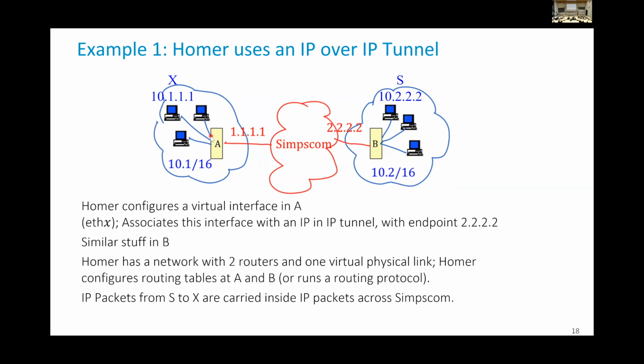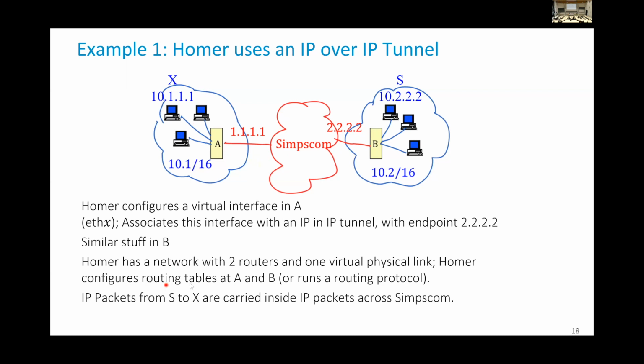So here we configure that the address 111.111 is connected by this configuration to that other address. And then any packet that goes from this to that, we can simply put it into an IP packet that goes from 111 to 222 over the public internet here.